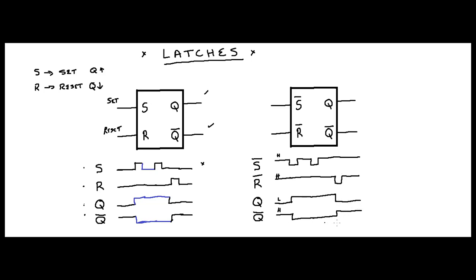So the output, if you notice, this output is identical. This output here, the Q and the Q bar, it's the same, right? And we put the same series of pulses in up here as we did over here. But this side over here used positive logic. In other words, it started at 0 and then the pulses went up, right?